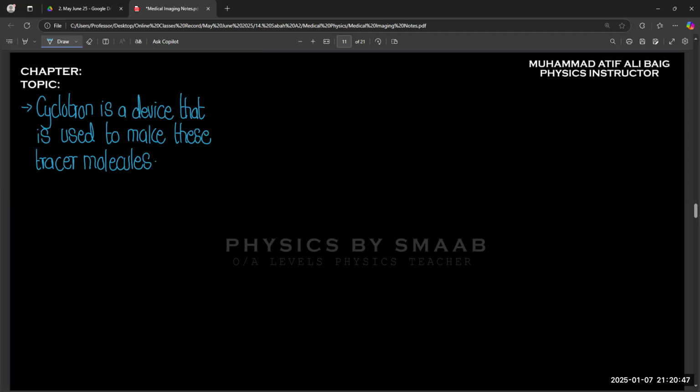Initially we were talking about these tracer molecules. So basically the cyclotron is the name of the component that produces these tracer molecules.